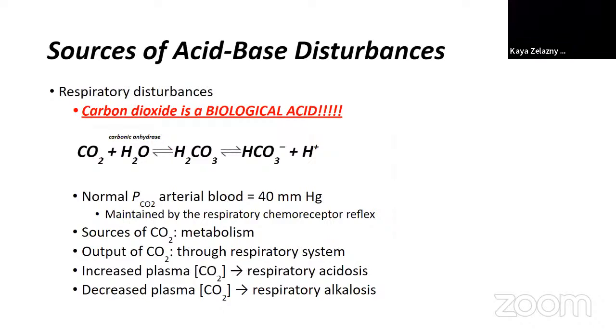So for our respiratory disturbances, one thing we could look at to determine whether we're looking at a respiratory issue is the concentration of CO2 in the arterial blood. Our normal partial pressure of CO2 is going to be 40 millimeters of mercury. This is maintained by our chemoreceptor reflex.